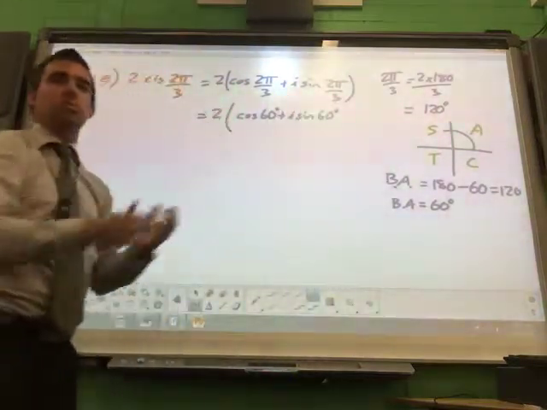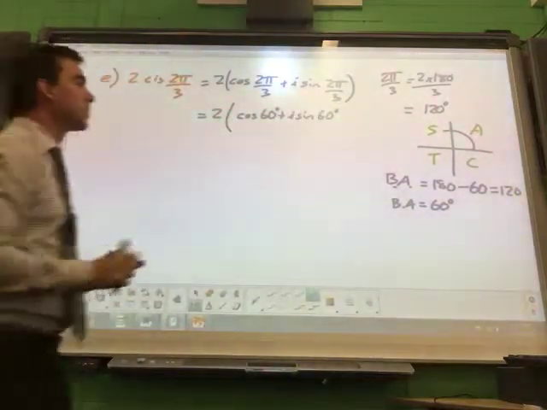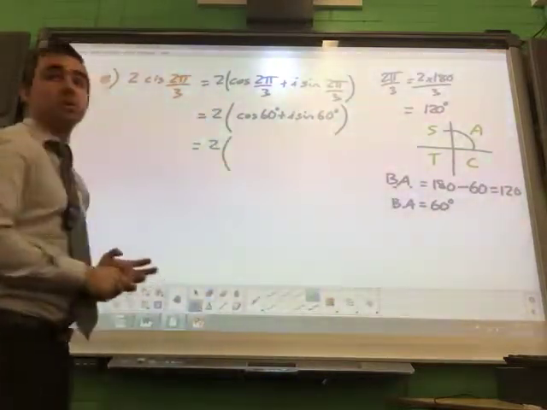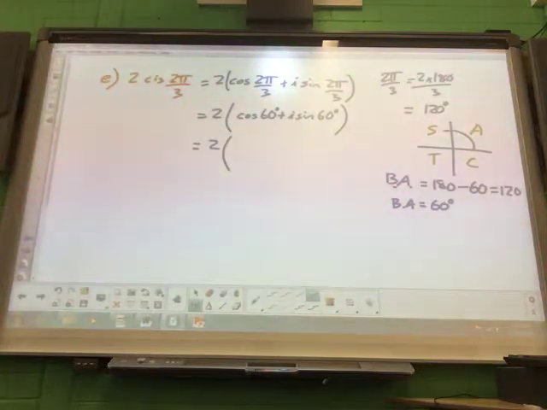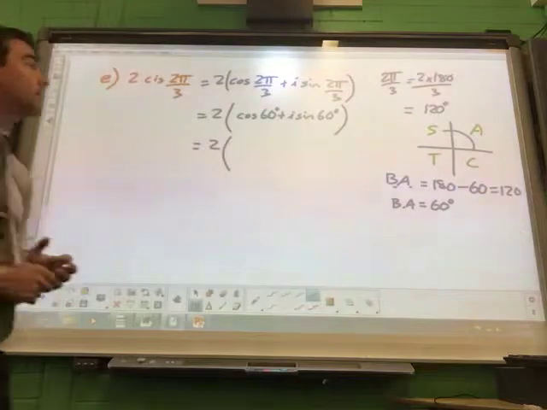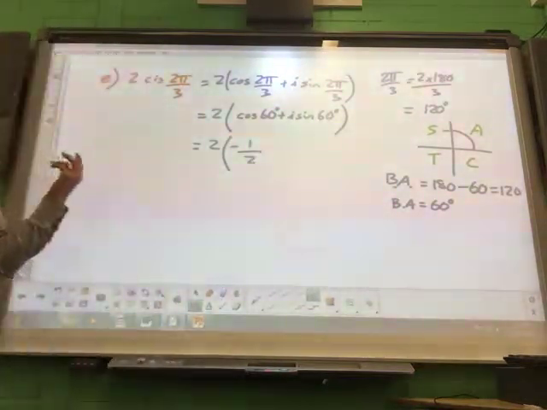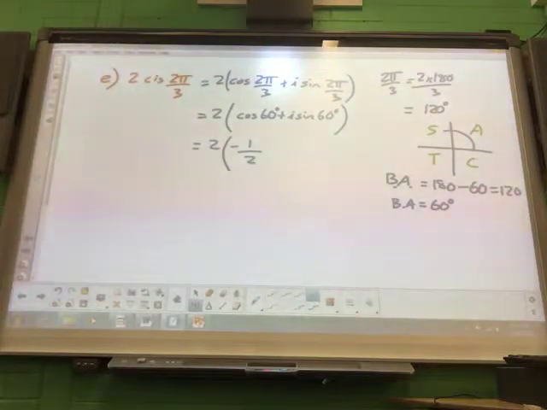So we'll just go back to what we're used to. What's cos of 60? 1 over 2, but because sine is only positive in the second quadrant, cos is going to be negative half.